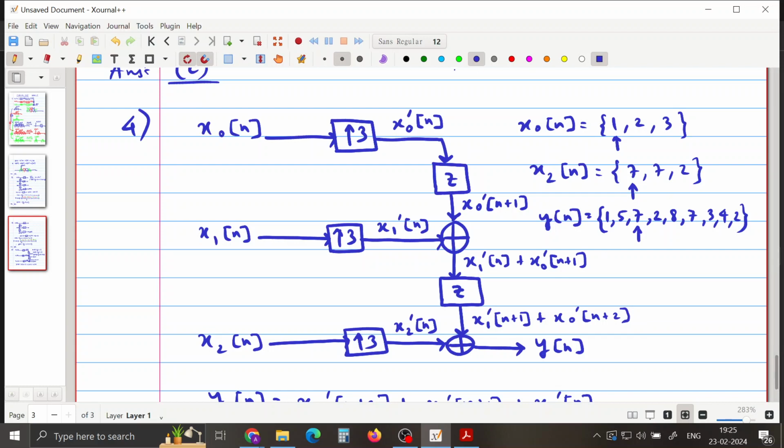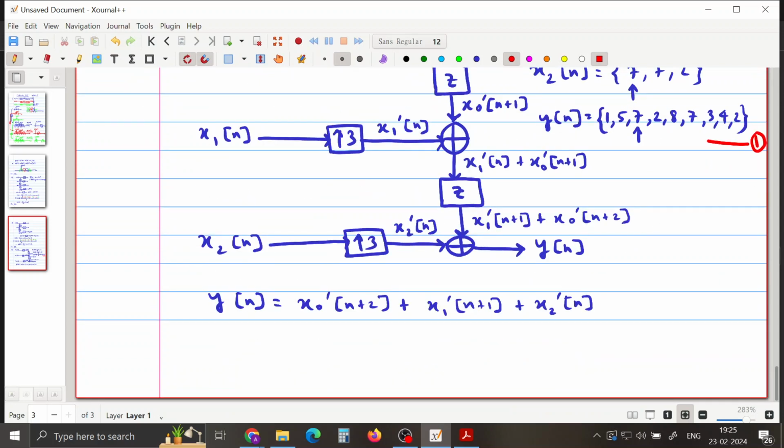I'll label the given y of n as equation 1, and the equation which we have written on the bottom I'll call equation 2. Both are y of n, right? Alright, so far so good.